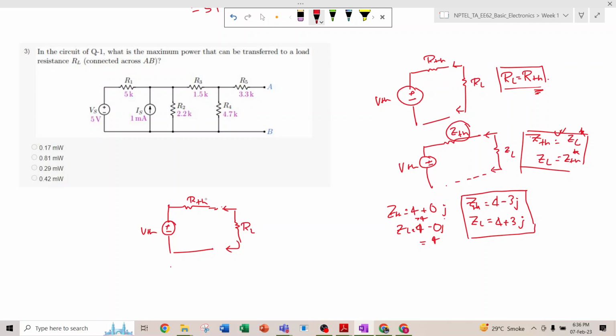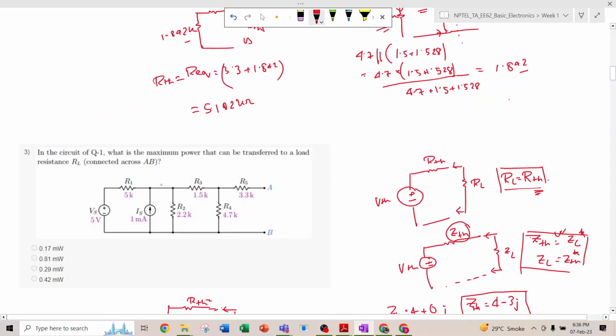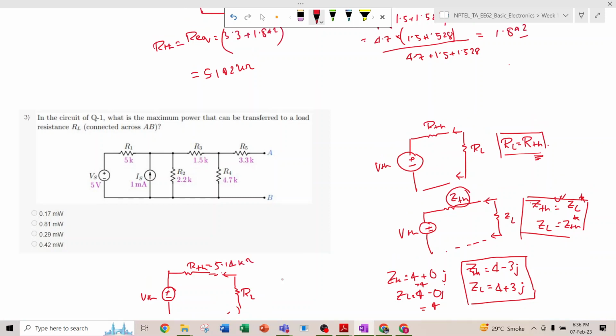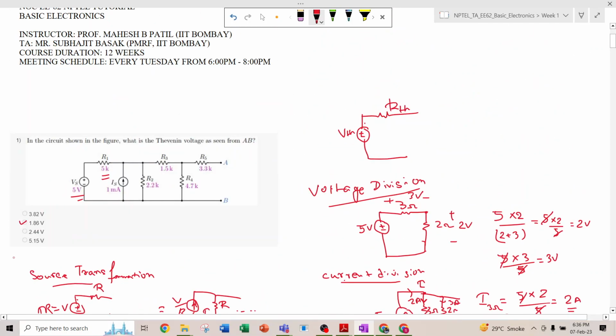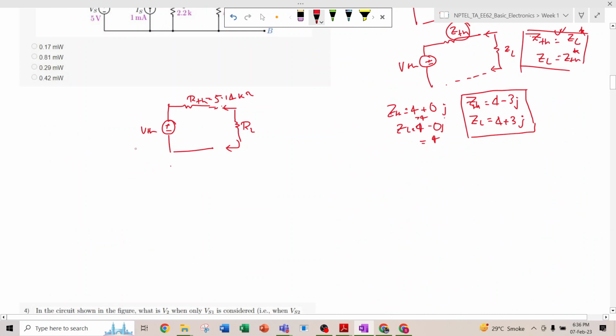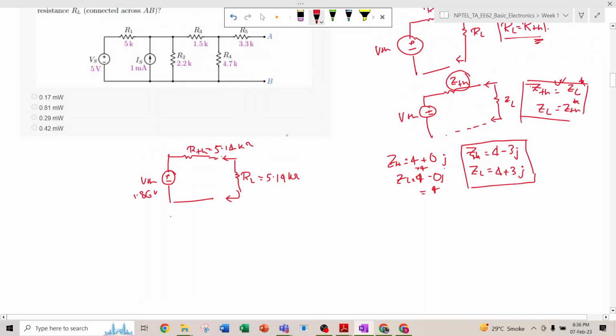According to this, the Thevenin resistance is 5.14 kilo ohm, and VTH according to the question is coming as 1.86 volt. So RL should always be 5.14 according to the maximum power transfer theorem.